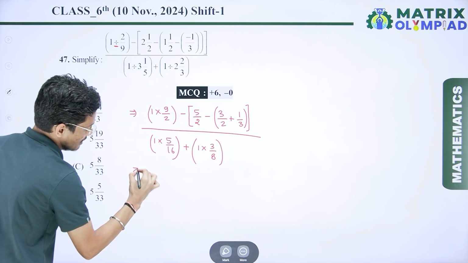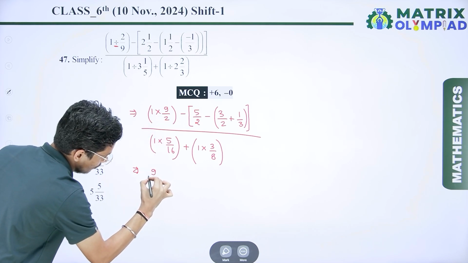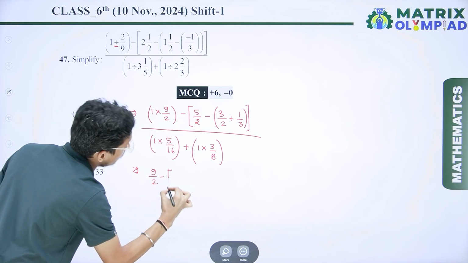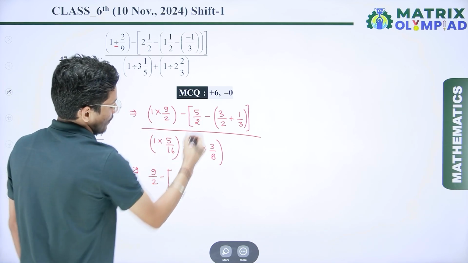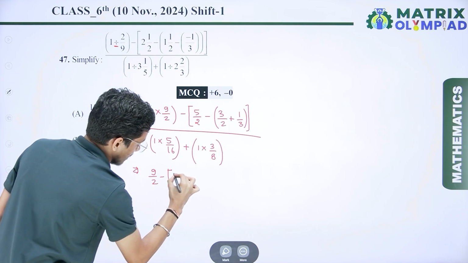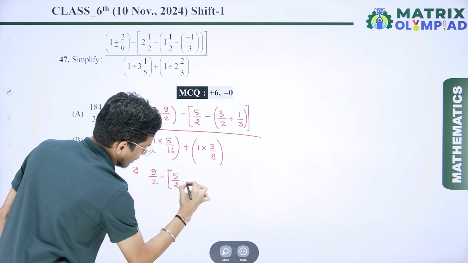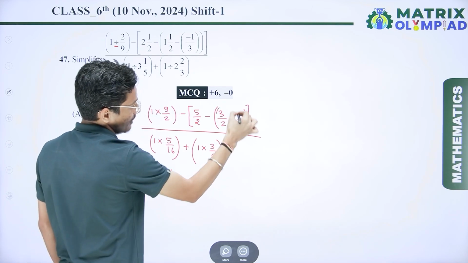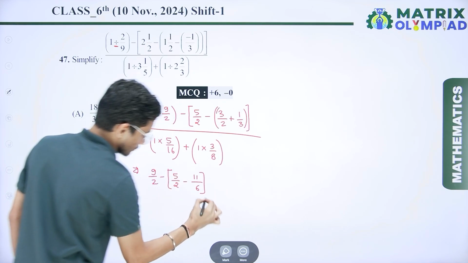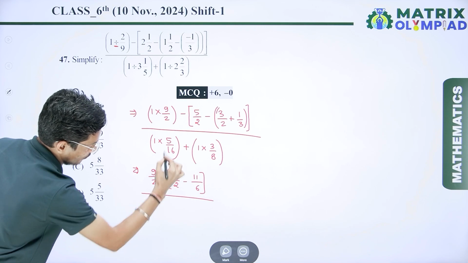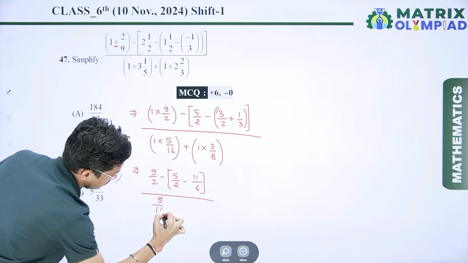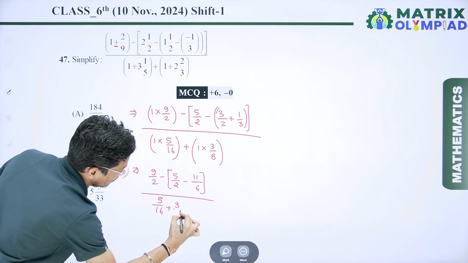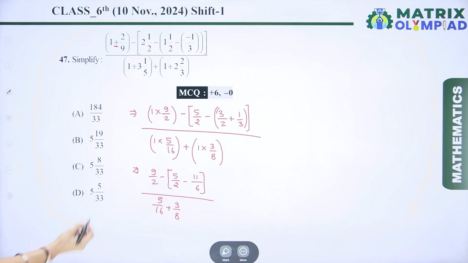Now the next step: if I multiply here, I get 9 upon 2 minus bracket, and if I simplify, I get 5 upon 2, again minus, if I take LCM that is 6, and simplify, I get 11. Again 5 upon 16 plus 3 upon 8.